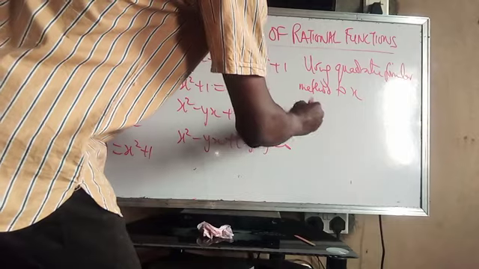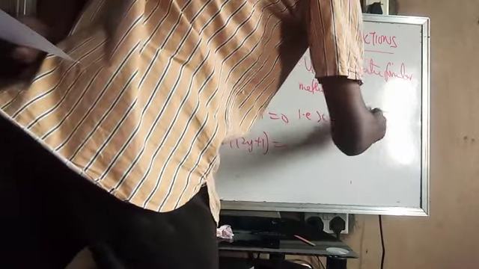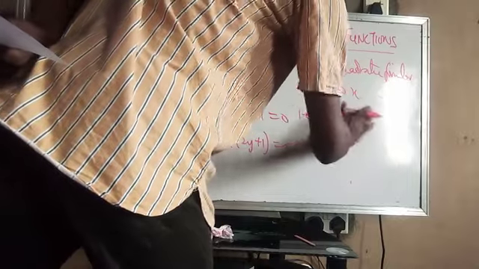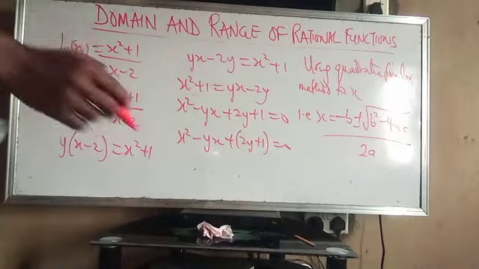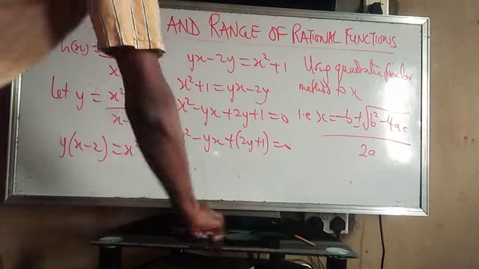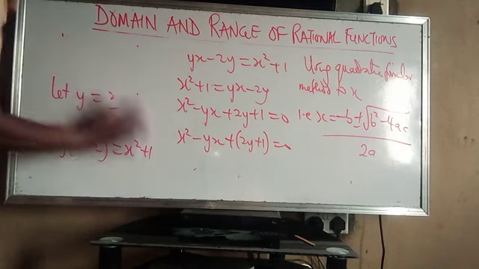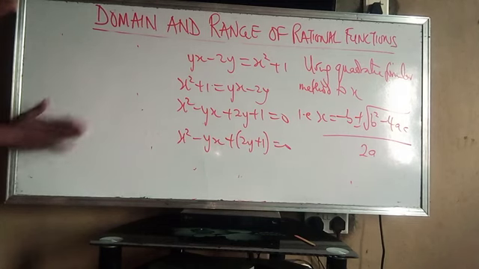So that is x equals minus b plus or minus square root of b squared minus 4ac all over 2a. So let's fix them up. How do we fix this?